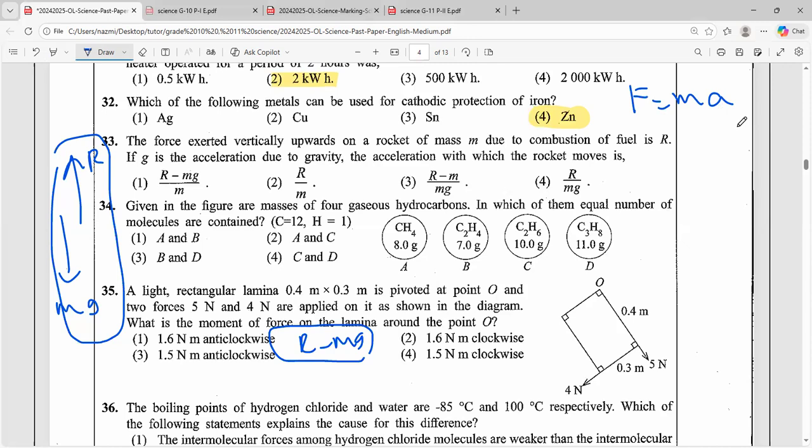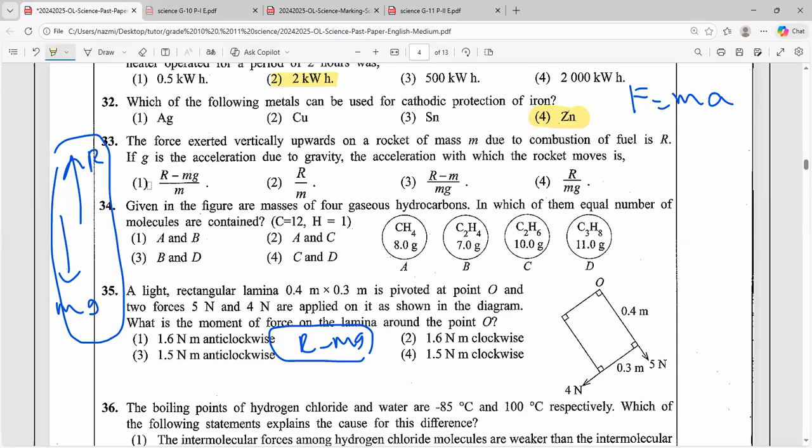So if I take mass down, F over m is acceleration, no? Did you understand? Okay. So acceleration is equal to force over mass. So what's the force now? R minus mg, the resultant force acting on the rocket. What is the mass? m. Then what's the answer? R minus mg over m. First one.